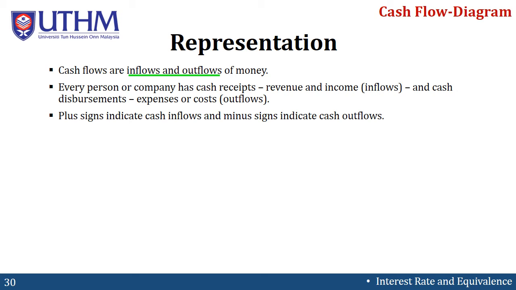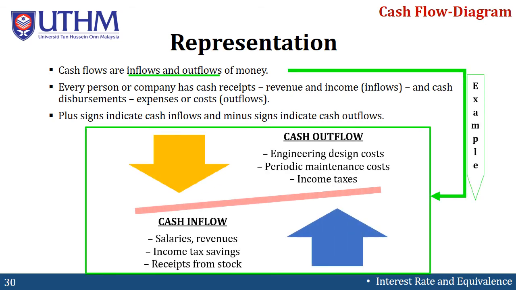So plus sign indicates the cash inflows and minus sign indicates the cash outflows. For cash inflow, usually the arrow is downwards. The examples are salaries, revenue, etc.